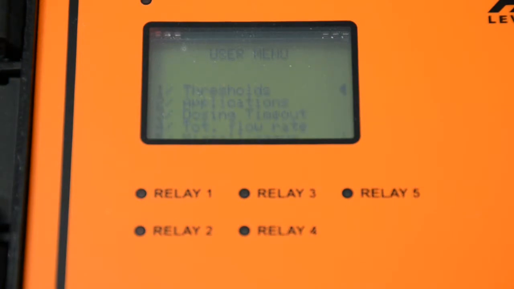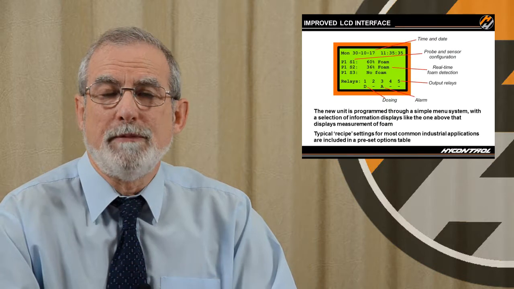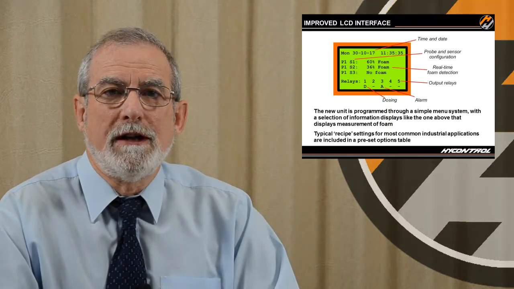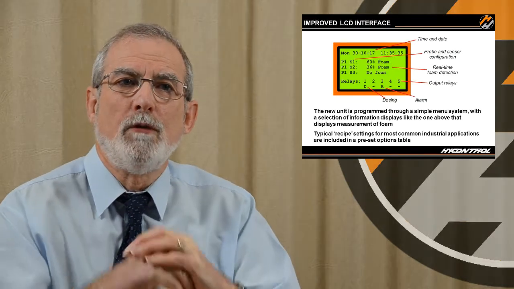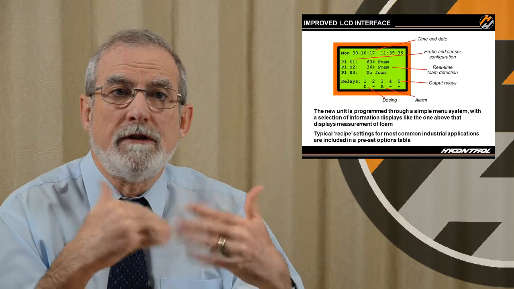This controller is programmed through a simple menu system with a selection of levels in the menu, and it enables all these things to be changed and configured according to the customer's requirements. Because there are quite a lot of things that can be set up, we've included a system of recipes. In order to get you started, you can choose a recipe from a list of different applications.